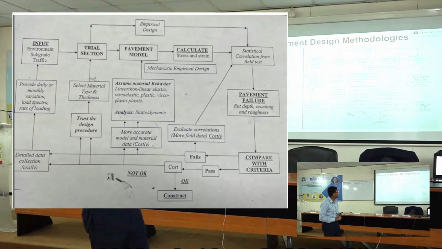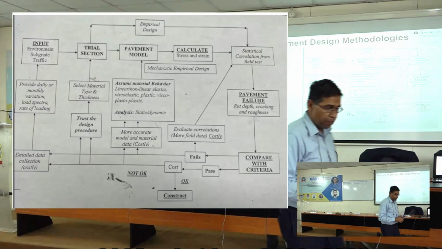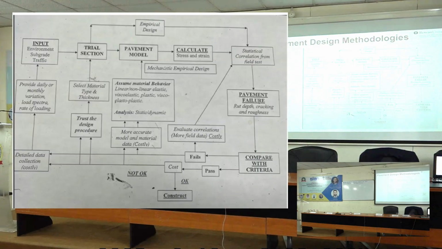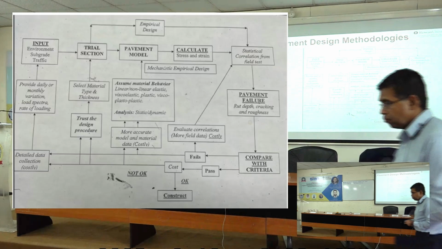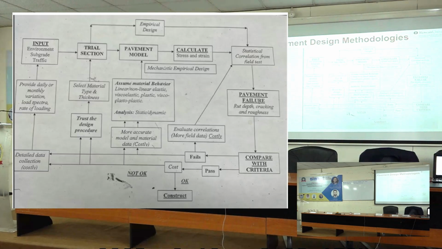The next one was mechanistic empirical. Anybody want to give it a shot based on this flow chart? So the mechanistic empirical is when you have your environment, subgrade, and traffic, and you have to pick a trial section.